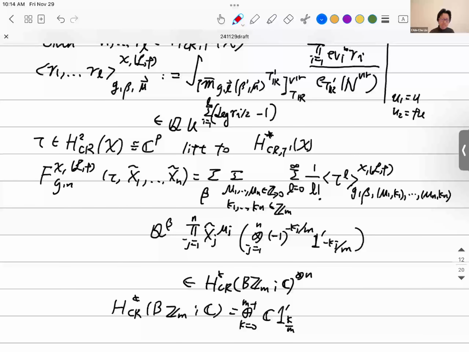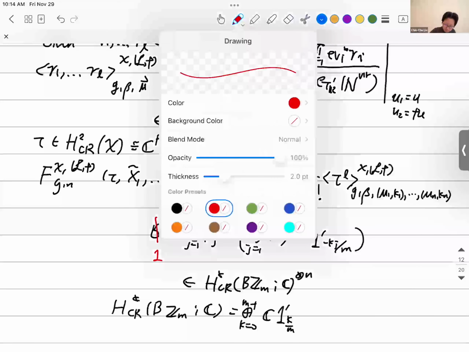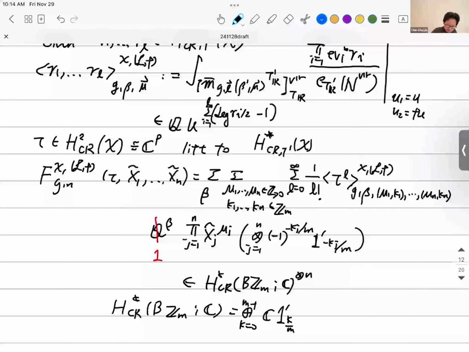So we have this generating function. You see there's this Q here. The Q is a Novikov variable because a priori we don't know if this series converges. But actually we will let it be 1, and for now it's a formal series as follows. So you have tau 1 to tau p prime, plus tau p prime plus 1 to tau p.